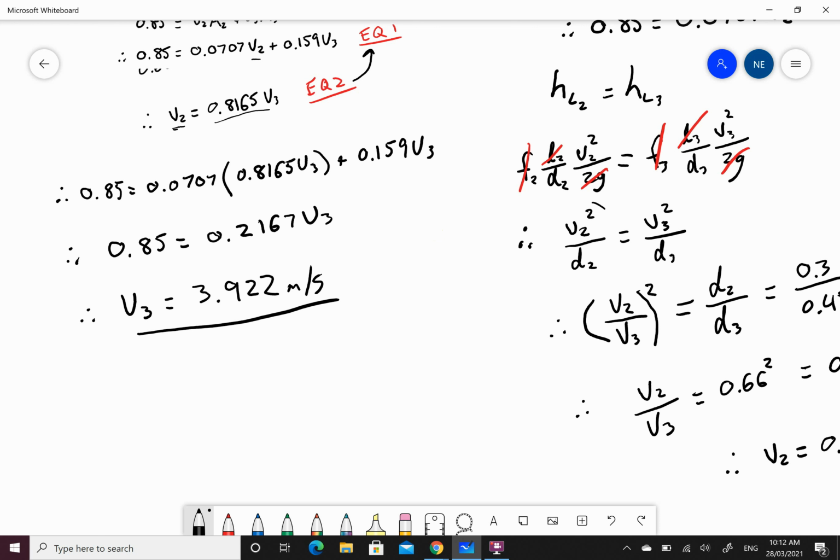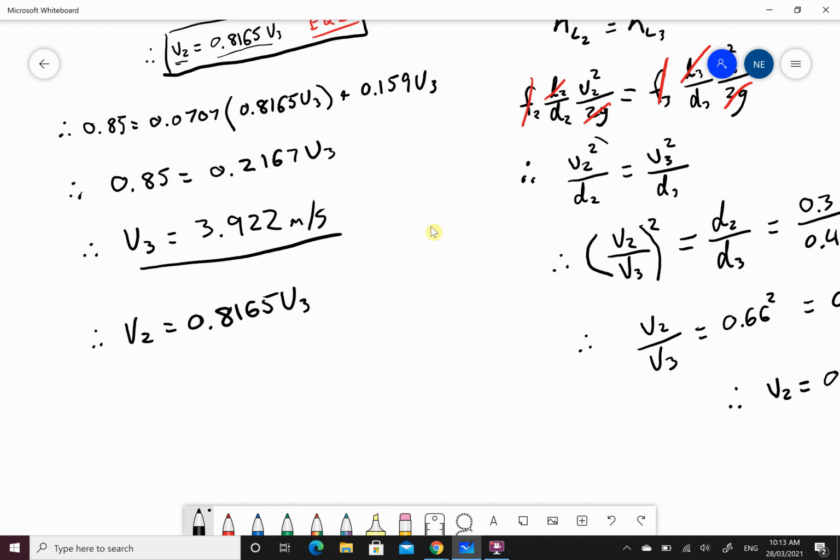Okay, so we've now got this here. Now I've worked out my V3. Now I can reuse equation 2 and I can work out, therefore, using equation 2, V2 equals this here, and now I can sub in for V3.